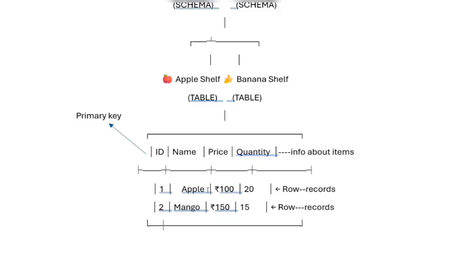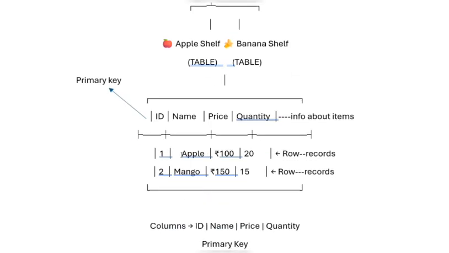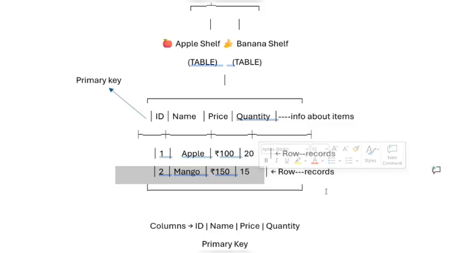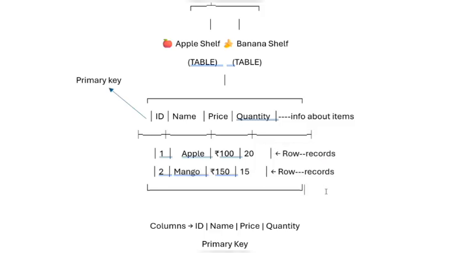Here in this table, if you look at this apple shelf, it is considered as one record. And another one, the mango shelf, is also considered as one record. That means each item is one record. Each row is one complete record.